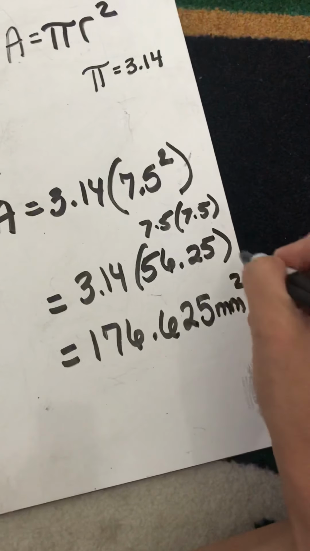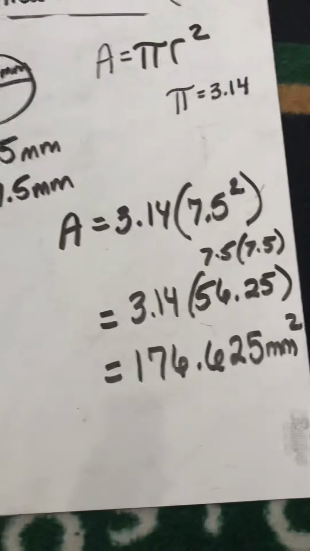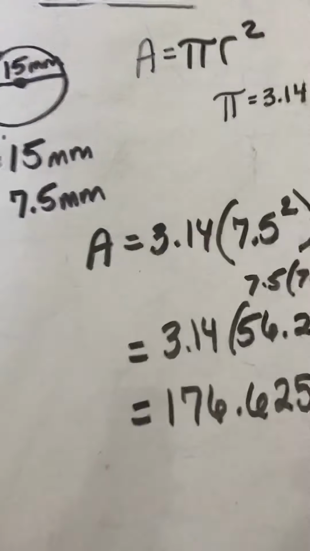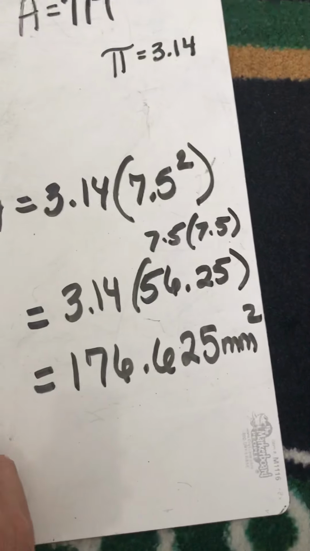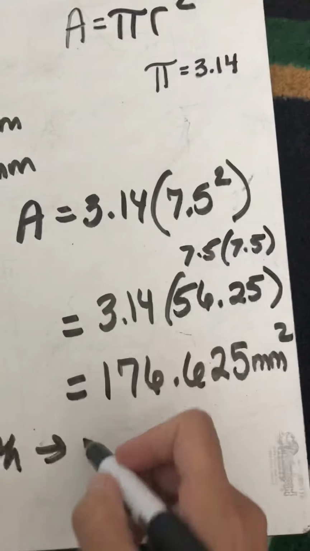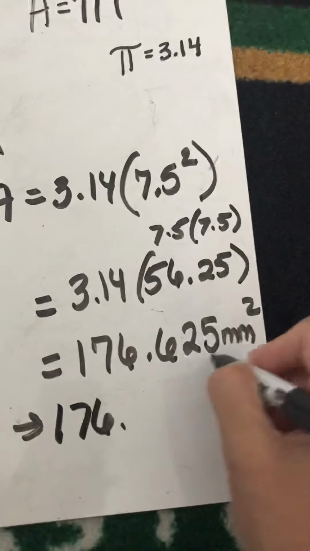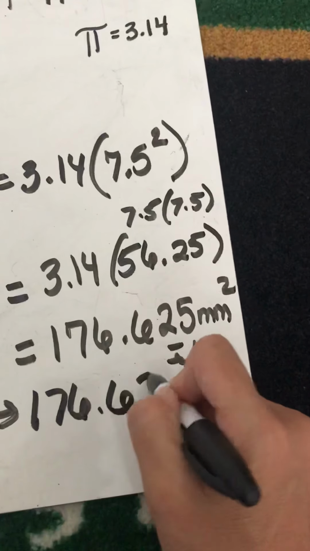If you refer back to the directions, if they don't ask for any kind of rounding, leave it as is. If they ask you to round to the hundredths, you would go and look at the hundredths. Oh, the 5 is making the 2 round up.